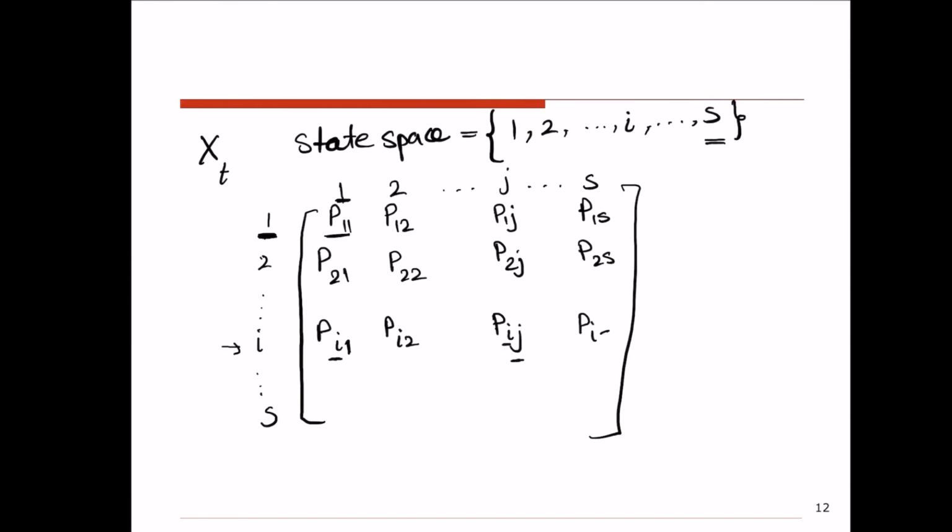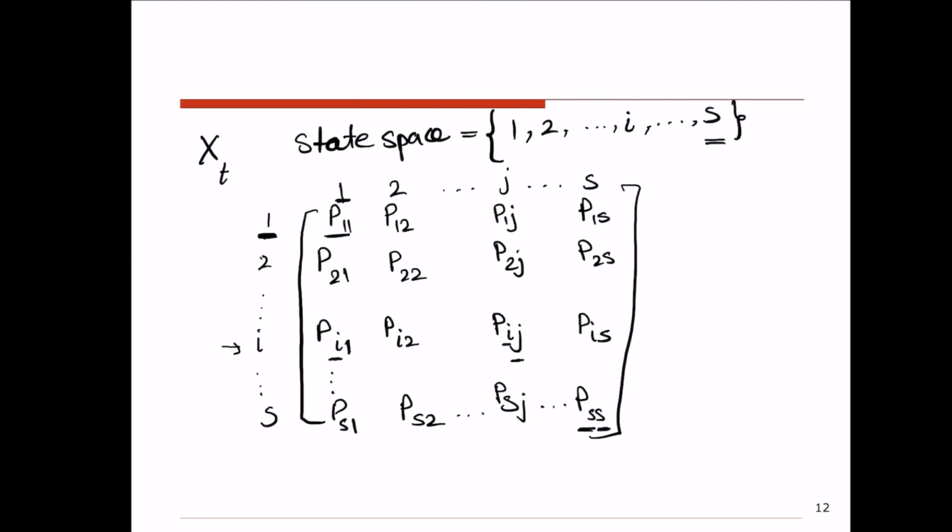And then Pis, and similarly I have it for the last row, Ps1, Ps2, Psj, and then Pss. Okay, meaning that right now I'm at state s at time t. What is the chance that in the next time period t plus 1 I'm still at the same state?